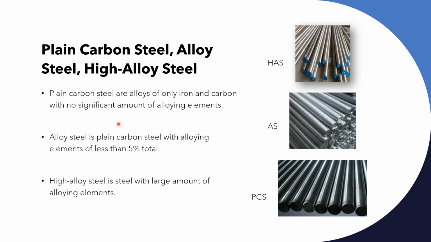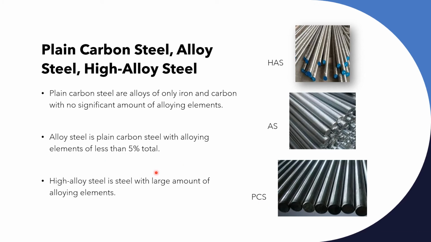So plain carbon steel is just an alloy with iron and carbon, and it doesn't have a significant amount of other alloying elements. Mostly iron and carbon, so we call it plain carbon steel.